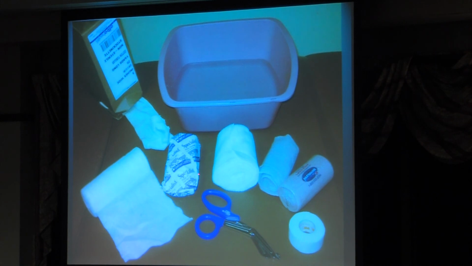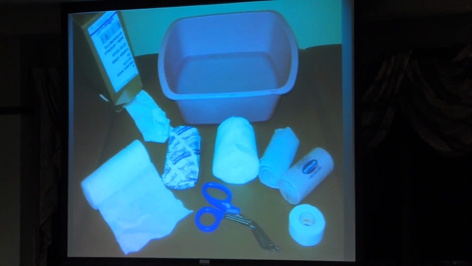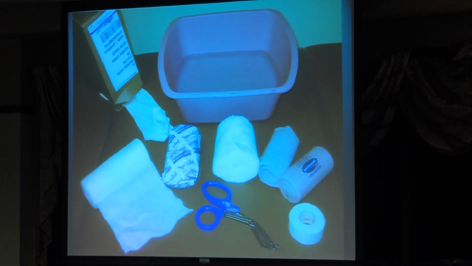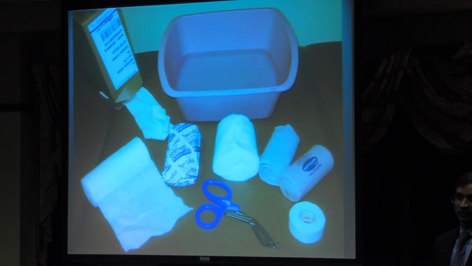It comes in rolls or in sheets. The general recommendation is it should be at least 10 layers thick to give enough strength to the splint. And after applying, then just wrap it with the ACE wrap and make sure you don't put any finger indentations on it. All right.